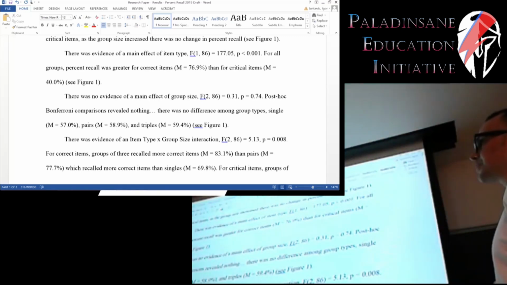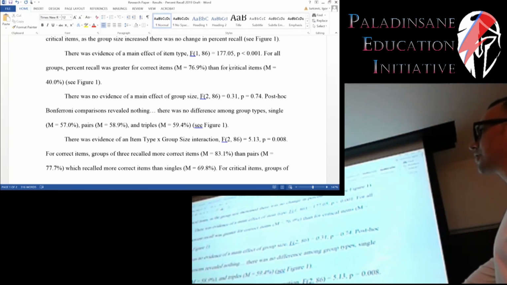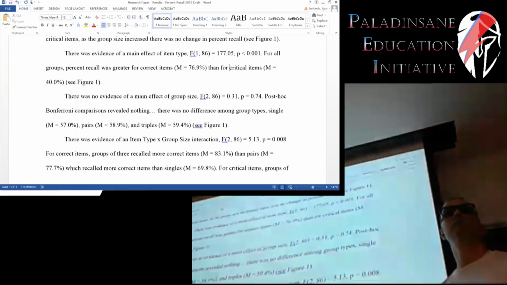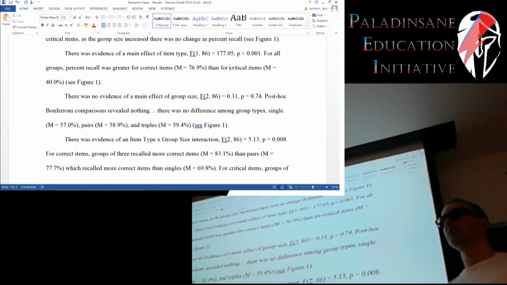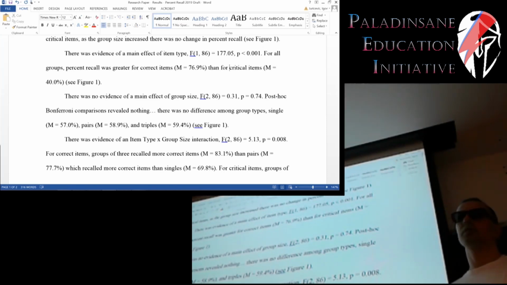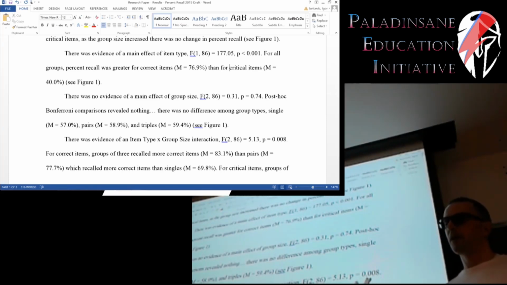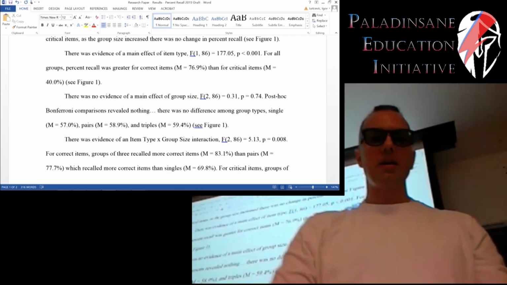So for all groups, percent recall was greater for correct items than for critical items. Sounds good to me? Suggestions? All right, so we'll keep it at that.